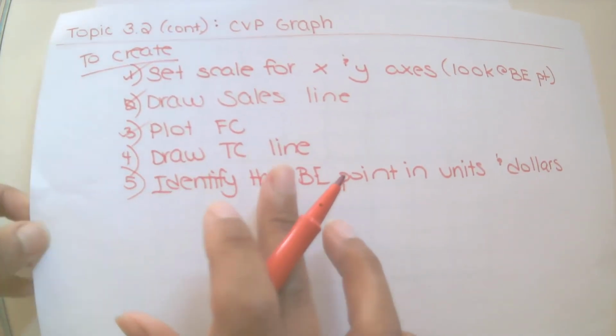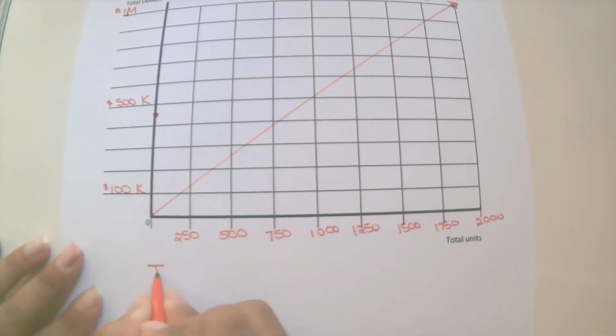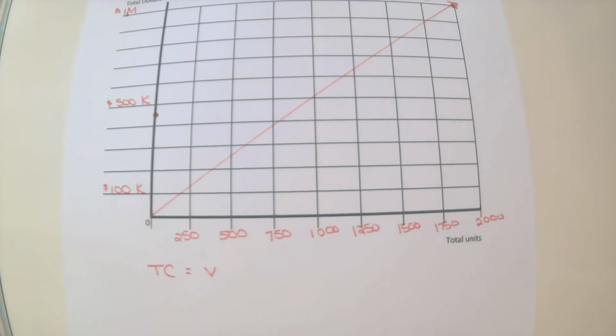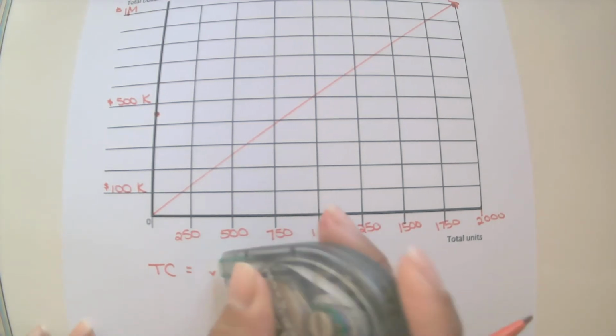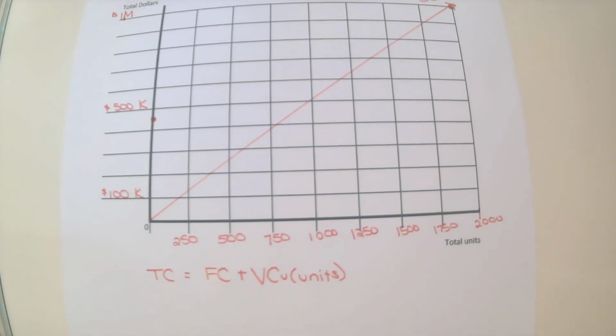Now we are going to draw our total cost line. For that, it's helpful to remember your total cost equation. Total costs are equal to, let me give it the way I have been so I don't confuse you guys, sorry. Like fixed cost plus variable cost per unit times the number of units. Good. So this is what we're trying to figure out.